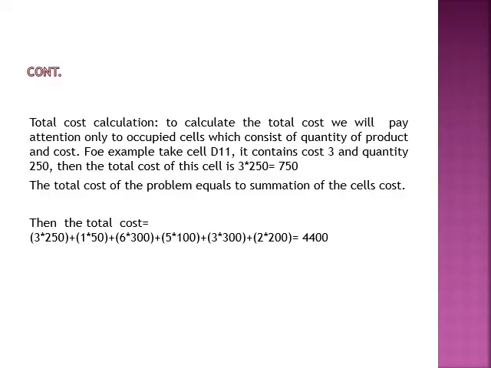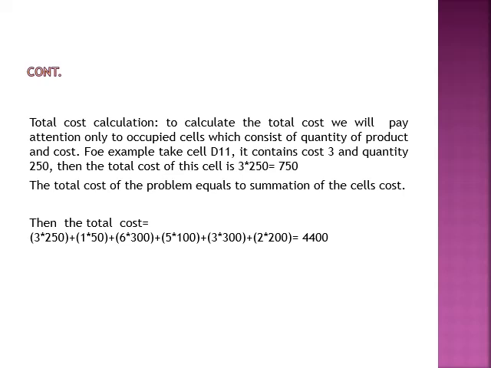Now we are going to calculate the total cost of transportation. To calculate the total cost, we will pay attention only to occupied cells, which consist of a quantity of product and its cost. For example, take cell D1.